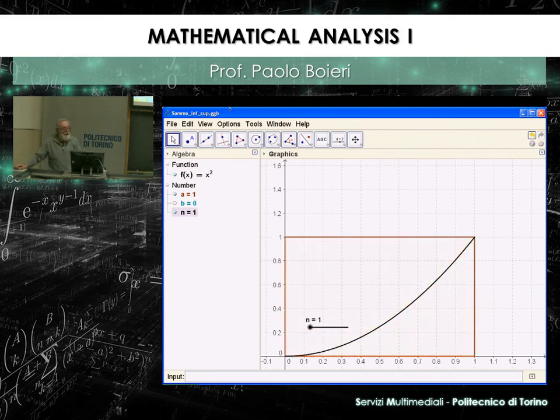Then if you look now at the numbers, at the beginning I have what? From below I have 0, because the rectangle is just a line. From above I have the big rectangle, area 1.